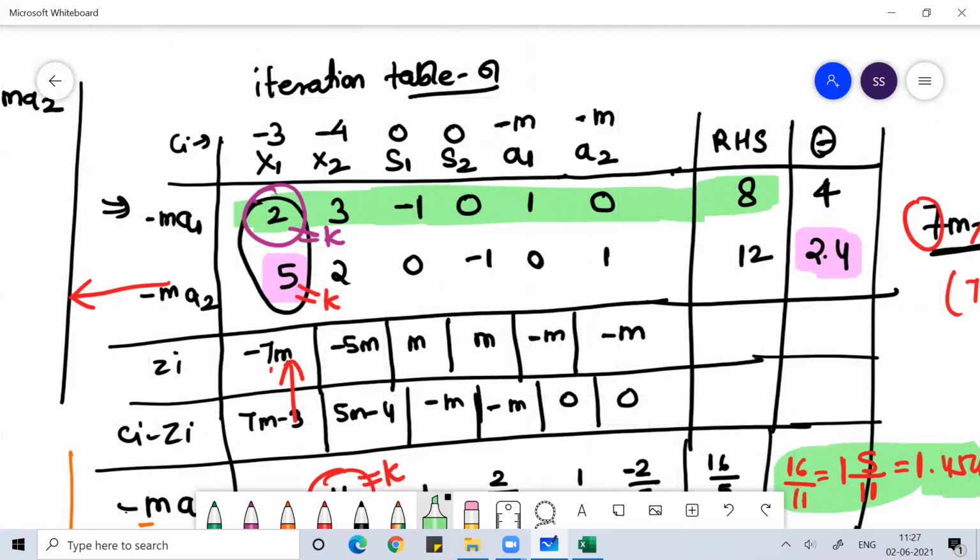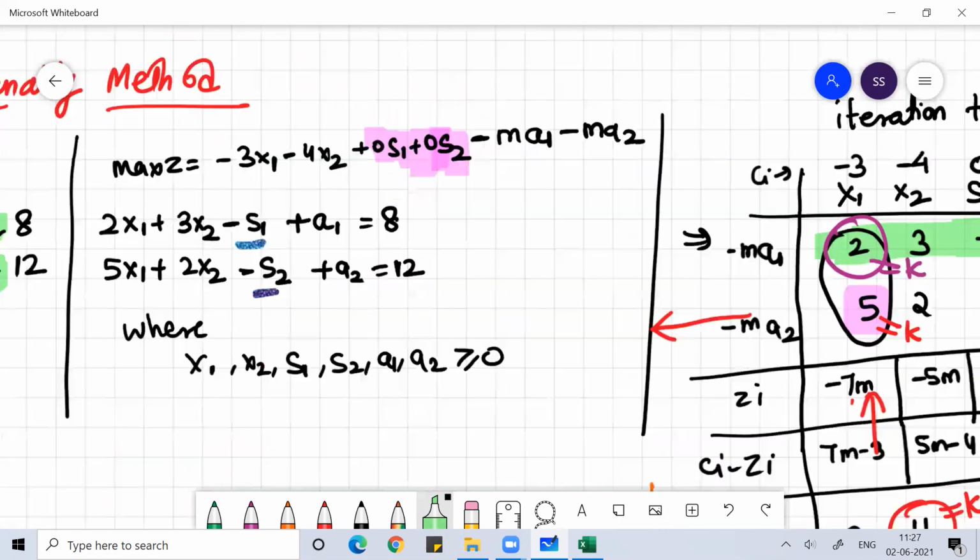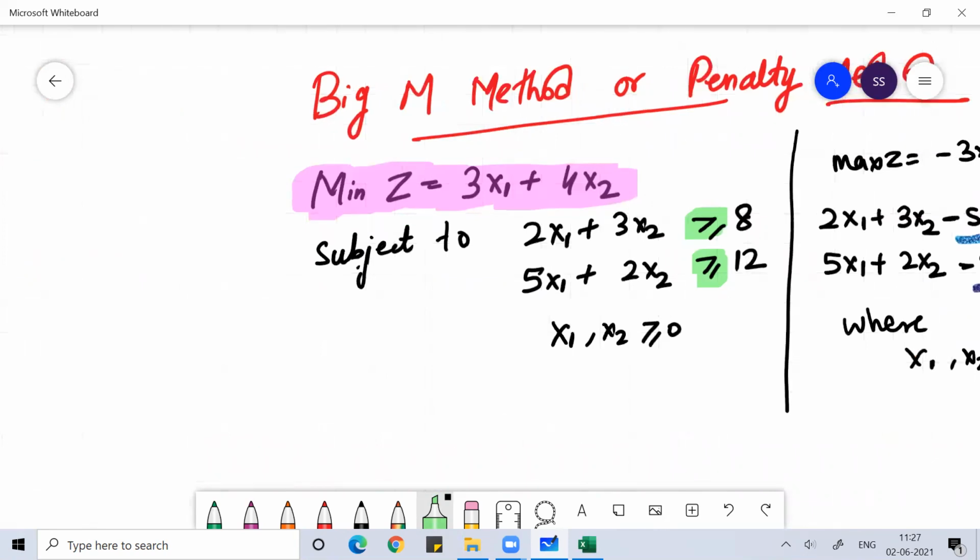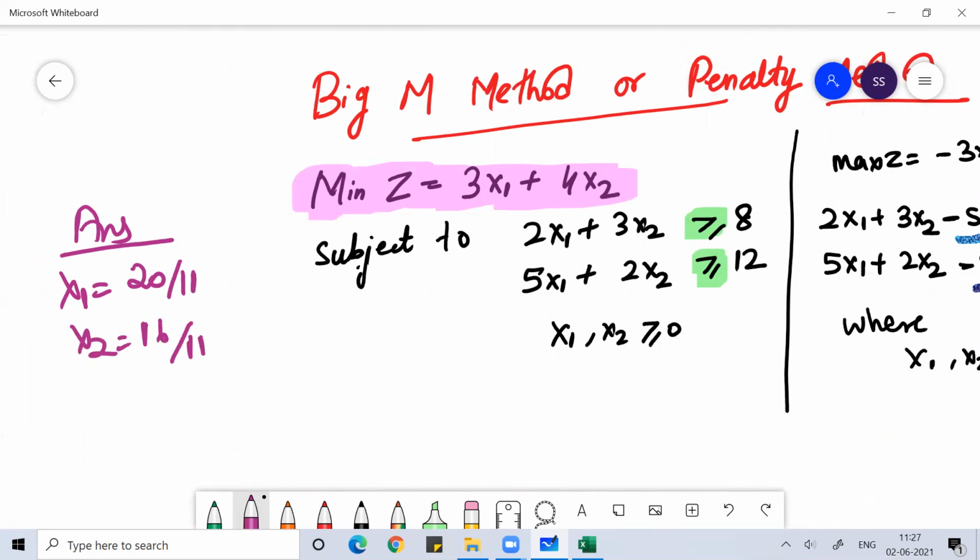Clear? Anyone have any doubt? So this was your problem. For this problem, your answer is x1 equal to 20 by 11, x2 equal to 16 by 11, and the minima of Z value is equal to 124 by 11.